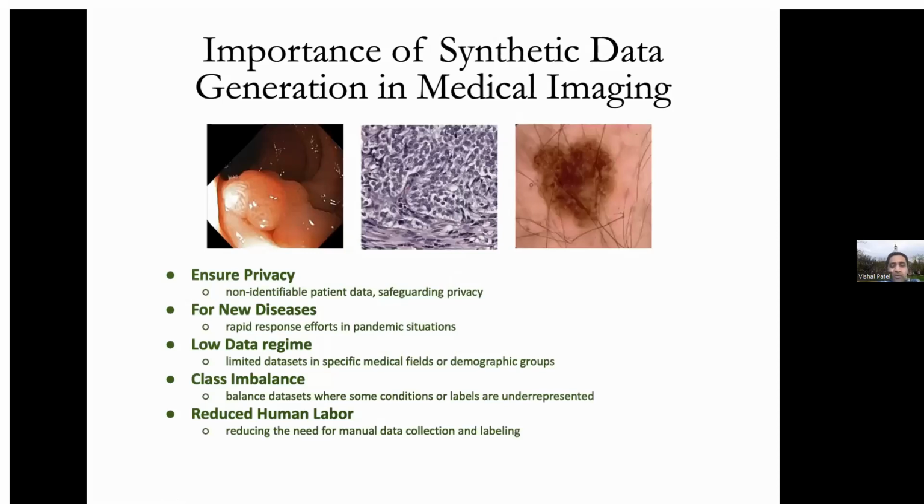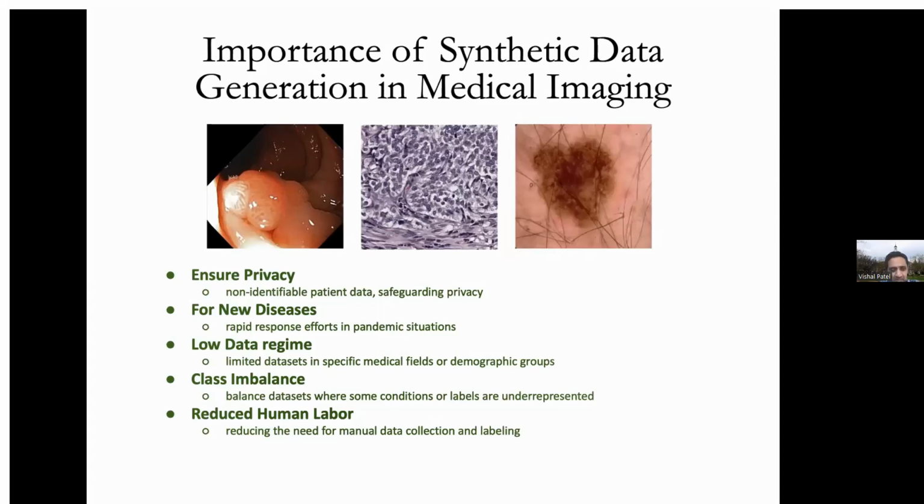So why is synthetic data generation important in medical imaging, right? As I mentioned before, when it comes to medical imaging and also many other fields like biometrics, we have to ensure the privacy of the patients and of the users. And when it comes to medical imaging data, compared to the general computer vision data sets, we just cannot collect them, annotate them, and release them publicly.